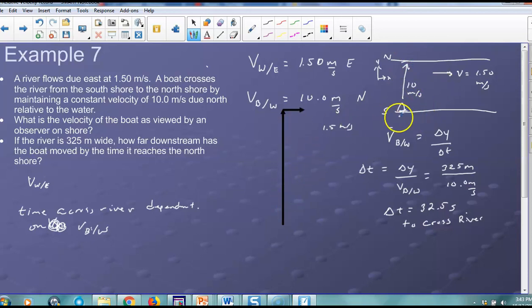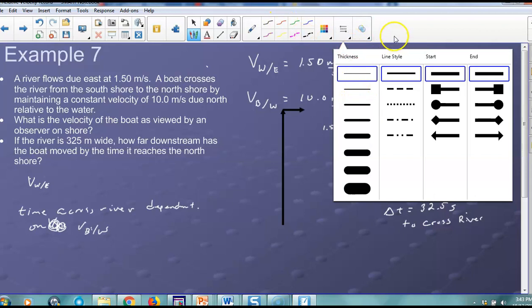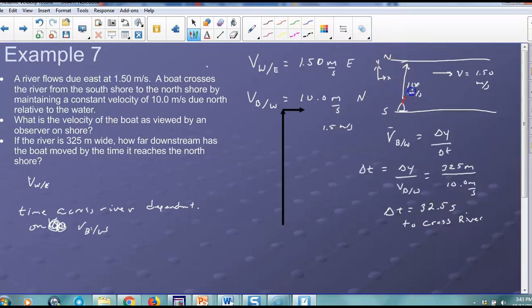If the boat actually sweeps off, if we look at a resultant vector, which I'll draw in red, a resultant vector of these is going to go off sort of in this direction. So it's got some x displacement, but its y displacement is still the same as it would have been here. No difference. So 32.5 seconds to move in the y dimension.